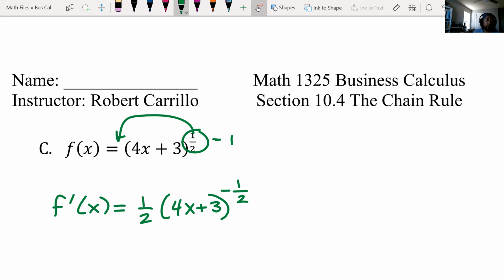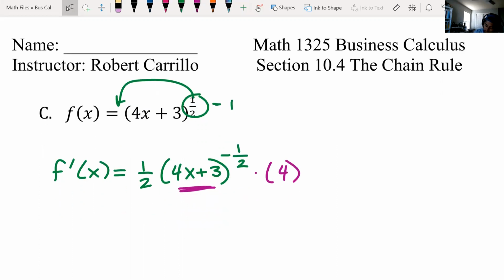And there it is again, the derivative of the outside, and then multiply it by the derivative of the inside, which is just 4. Okay, so there it is. Derivative of outside times derivative of inside.